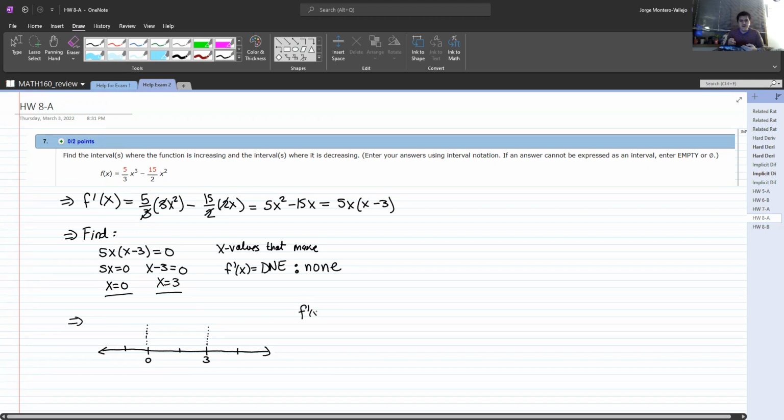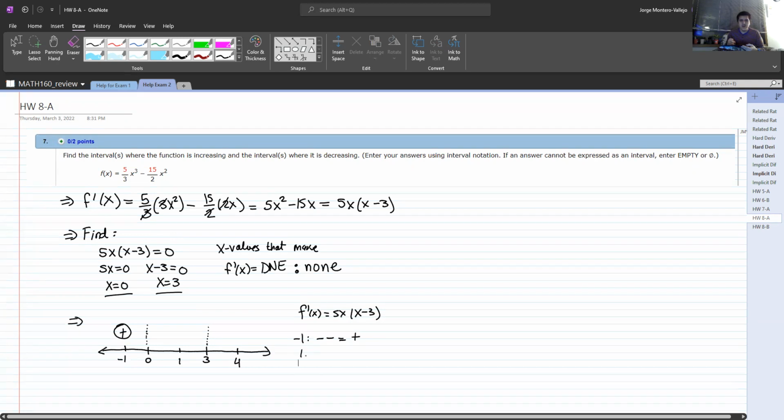Remember that the derivative is 5x times (x minus 3). Right? So let's pick -1, 1, and 4. When we test -1, we get what? We get 5x, if you plug in -1 into there, you get a negative number. If you plug in -1 into x minus 3, you get also a negative number, right? So negative times negative, that's positive. So that means that you will get a positive sign over here.